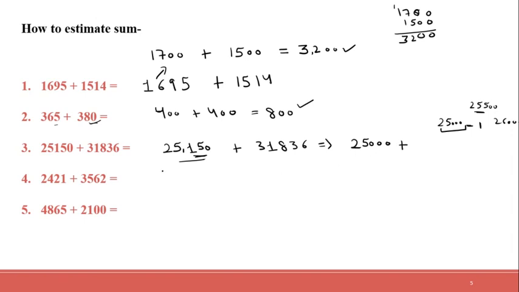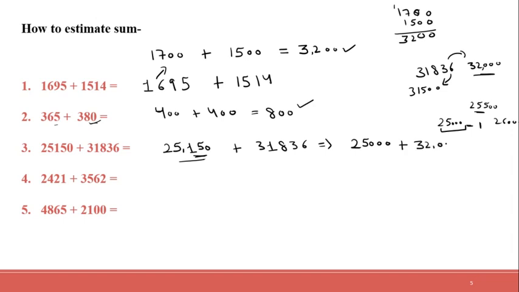Then again, this 31,836 will round off to 32,000. Got it? Because this 31,836 is larger than 31,500, so it will be near to 32,000.